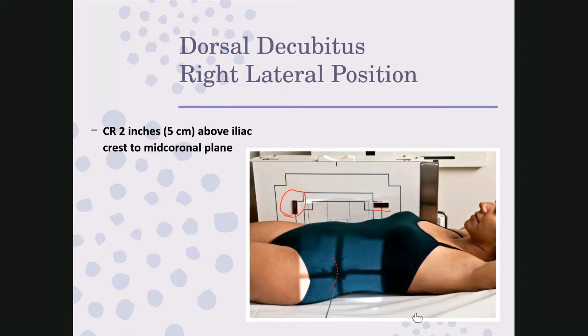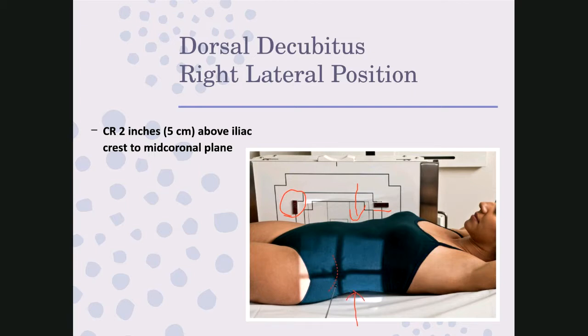Your central ray is still 2 inches above iliac crest, and now it's considered mid-coronal. Okay, so mid-coronal. So this is not correct in the book either. This should be 2 inches above iliac crest and midline.